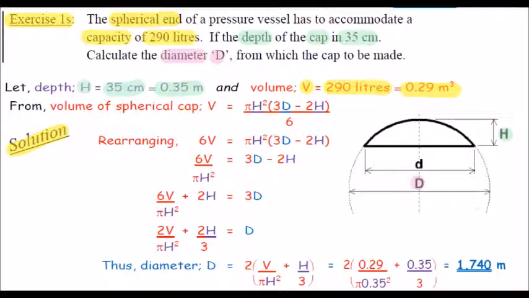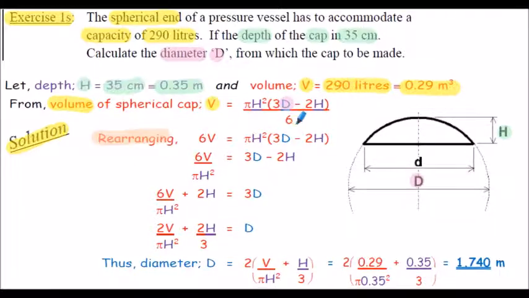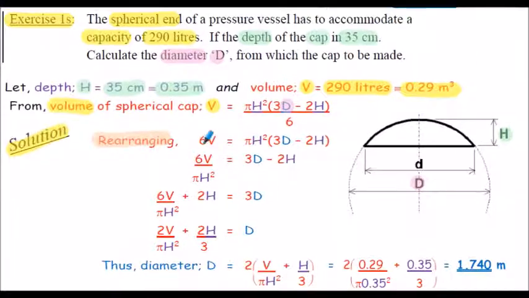So knowing the volume of a spherical cap, V, is given by this equation here, what we need to do is transpose the equation to make the diameter the subject. So rearranging, firstly we multiply both sides by 6 to obtain 6V on the left hand side. Next we divide both sides of the equation by pi h squared. Then we add 2h to both sides, and then we divide throughout by 3.